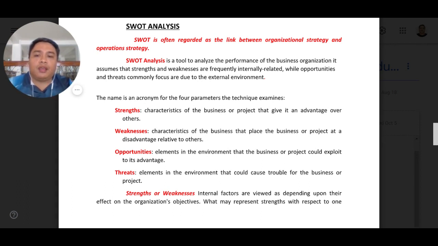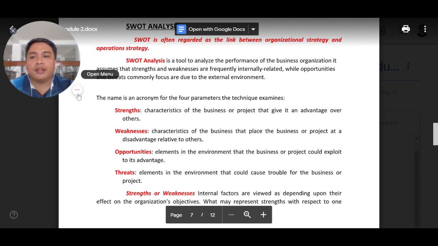Now, we go to opportunities. Opportunities are the elements in the environment that the business or project could exploit to its advantage. These are the factors that can benefit the business organization from the external environment.